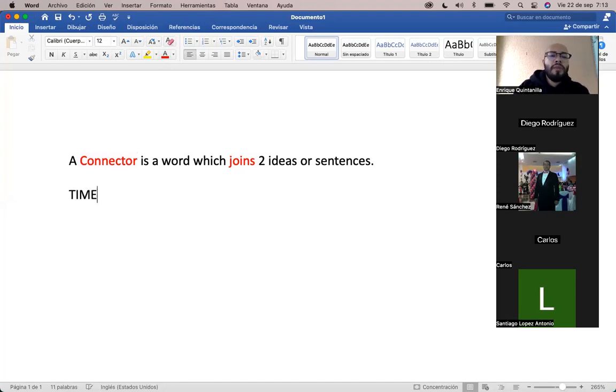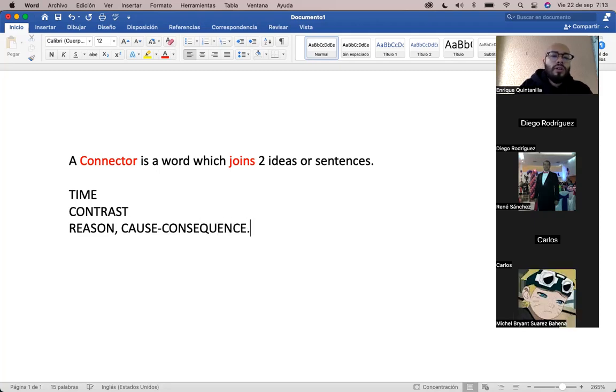We have different kinds of connectors. We have time connectors. We have contrast connectors or conjunctions. We've got reason, cause and consequence: because, the reason. We also have adding extra information.